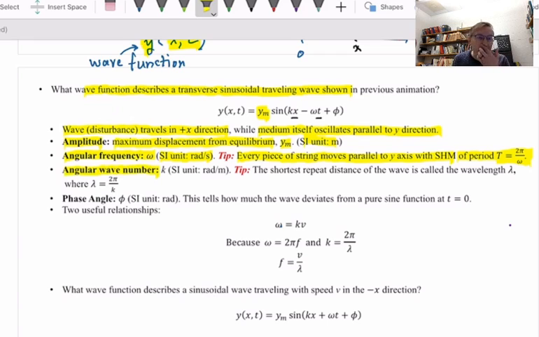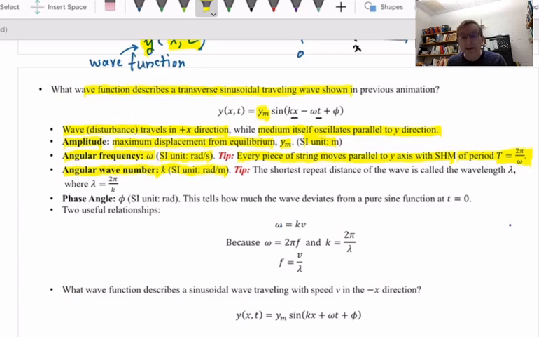It's related to the angular frequency omega. They're like cousins. The SI unit is radian per second. Notice angular frequency had an SI unit of radian over an amount of time, radian per second. This cousin to omega, this so-called angular wave number, has an SI unit of radian over a distance, radian per meter.